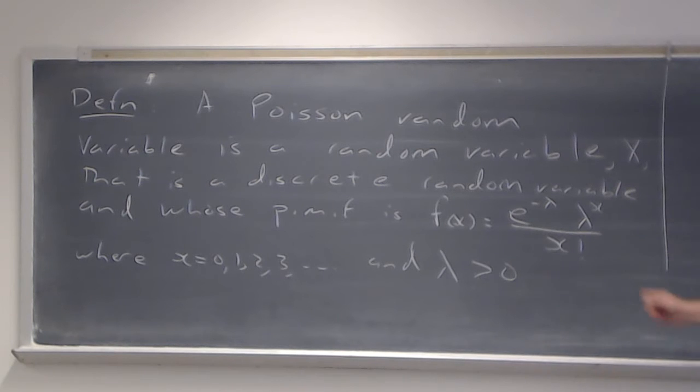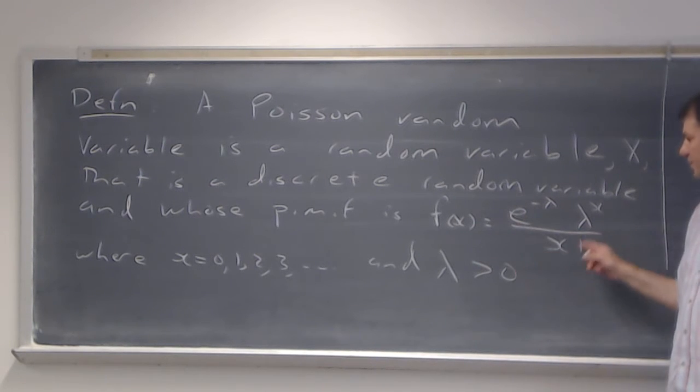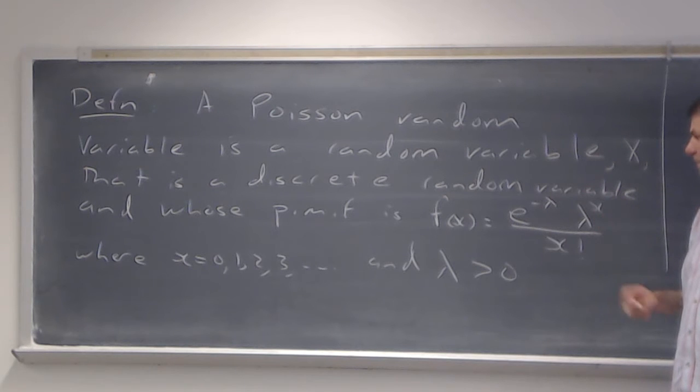So to be Poisson, your discrete random variable, your PMF looks like this for some fixed positive lambda.